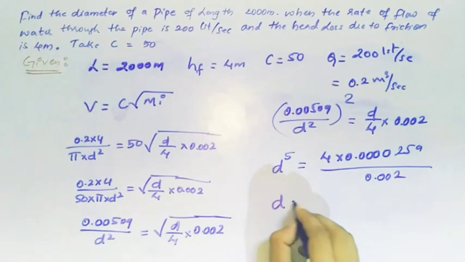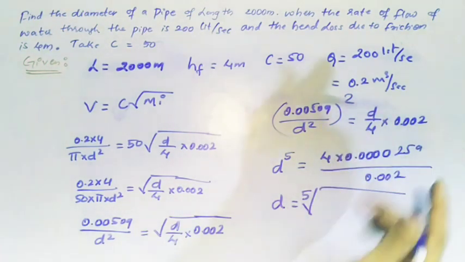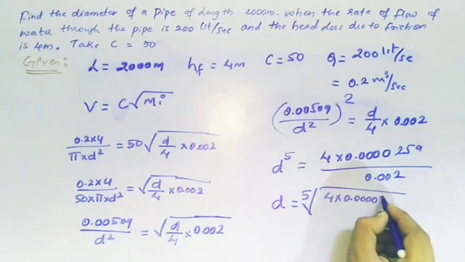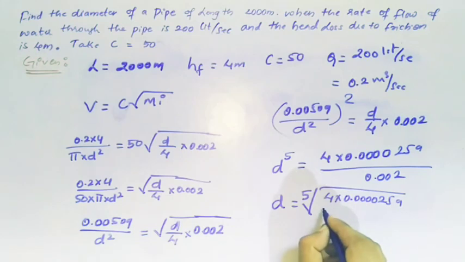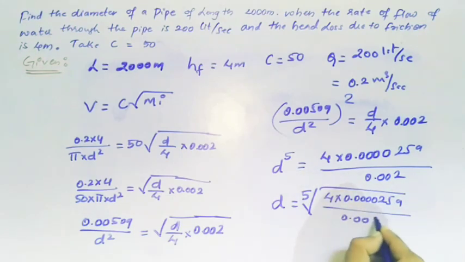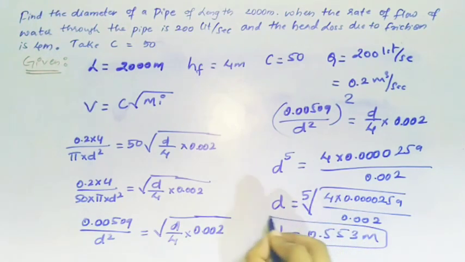Now d will be the fifth root of this term, 4 into 0.0000259 divided by 0.002. Then your d will be around 0.553 meter. Now this is the diameter of the pipe.